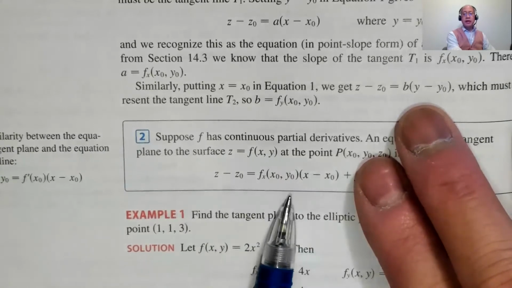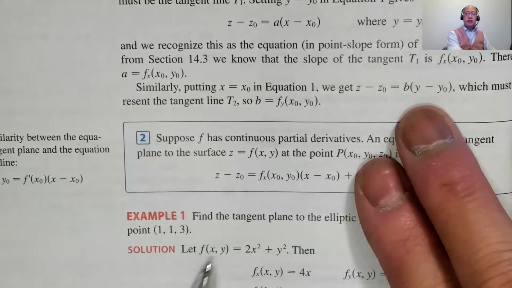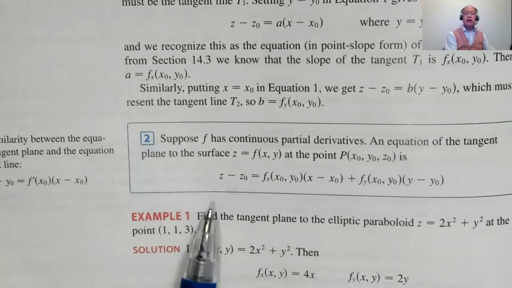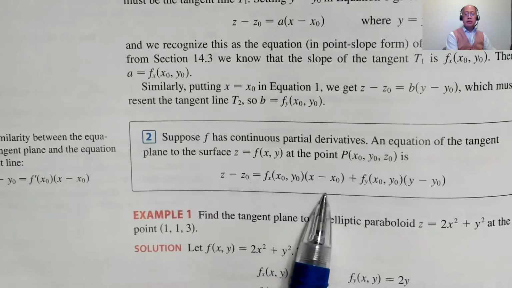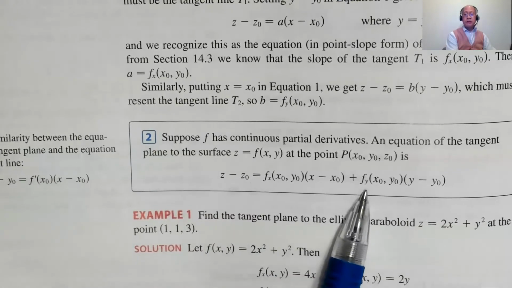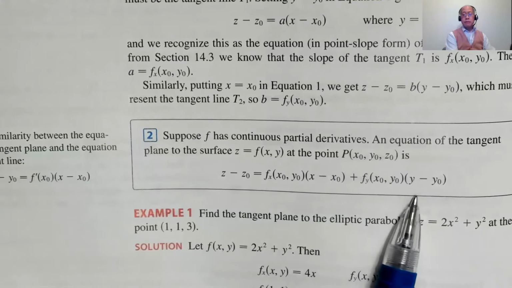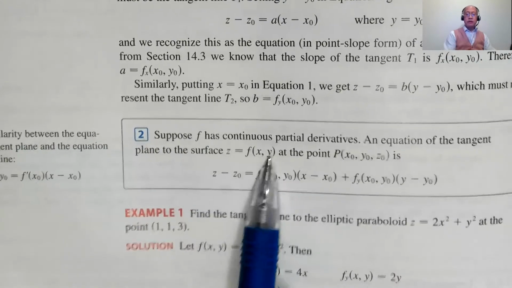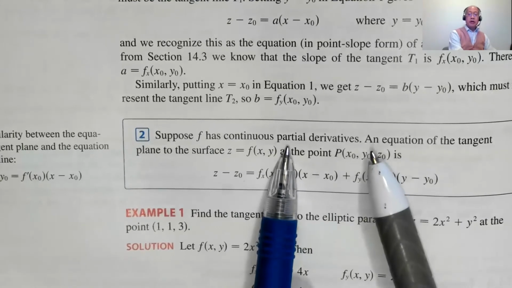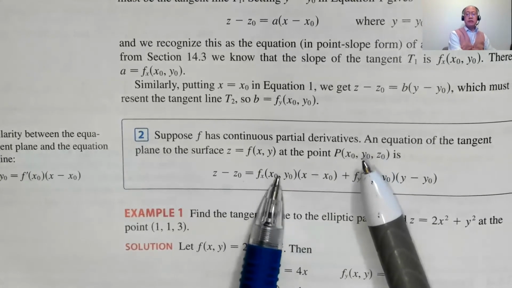Okay, so just do the same thing where there's an x component and a y component. So z minus z0 is partial with respect to x times x minus x0 plus the partial with respect to y times y minus y0. Okay, and x0, y0, I mean, you can leave it out when you write it in your formula sheet, in my opinion, but you do have to remember this just means to plug in.